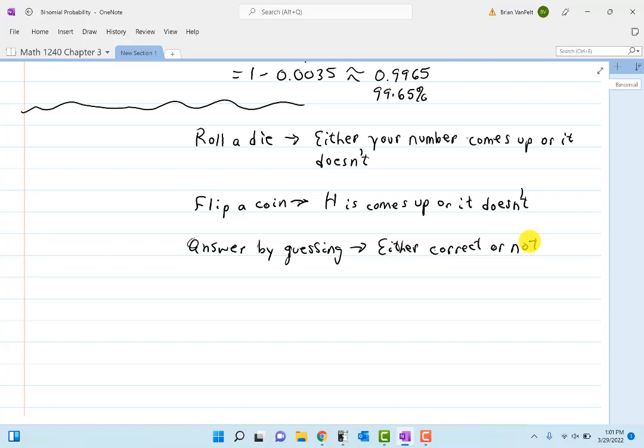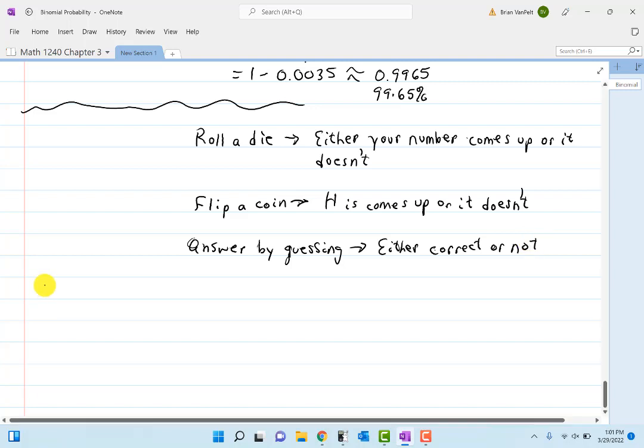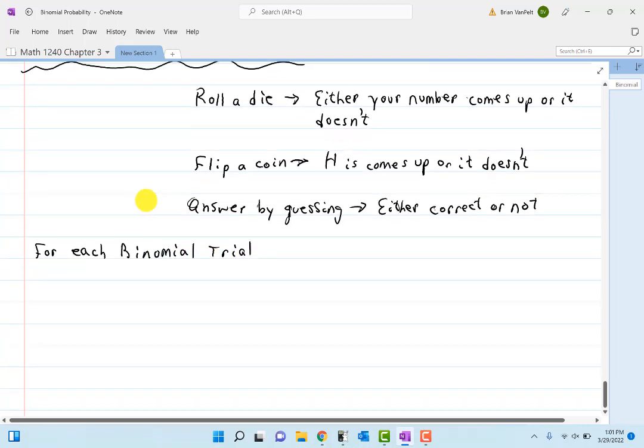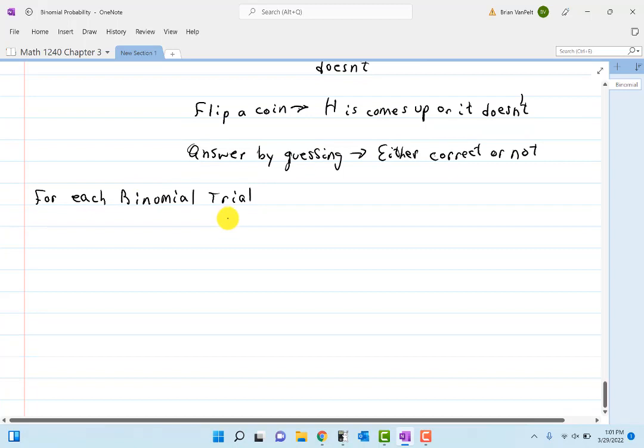So what we need is this. We were doing binomial trials. So for each binomial trial, let's see some of the things that we needed.